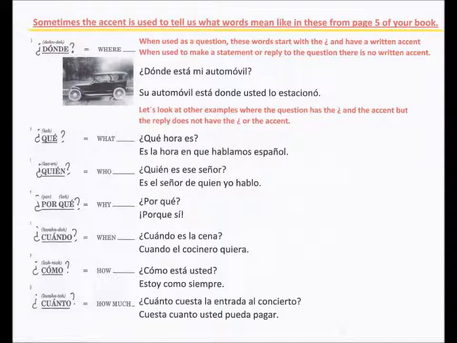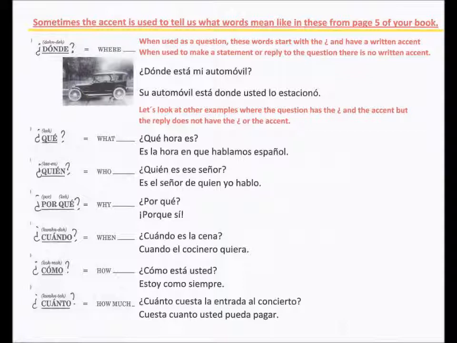Then there are question words, interrogatives. The ones that we have in the book are to the left. ¿Dónde? ¿Qué? ¿Quién? ¿Por qué? ¿Cuándo? ¿Cómo? ¿Cuánto? Notice that all these words have the upside down question mark at the beginning, and they all have an accent.